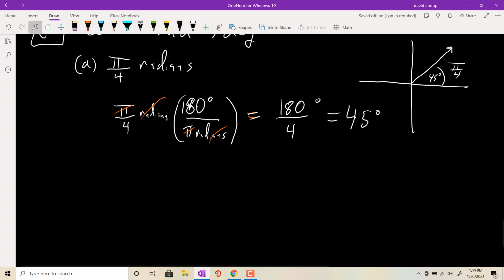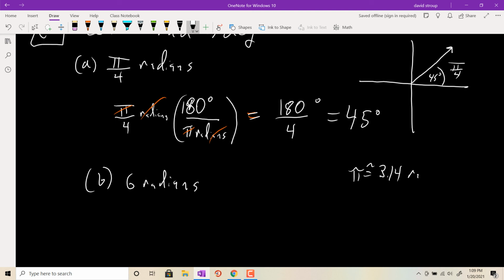Okay. You could have something like 6 radians. So it's not always going to be in terms of pi, but if you think about it, what is pi? Pi is like 3.14159, something like that, right? So you can always think pi is about 3.14 radians, which is going to be approximately 180 degrees. Okay. So in this case, 6 radians is way around, right?